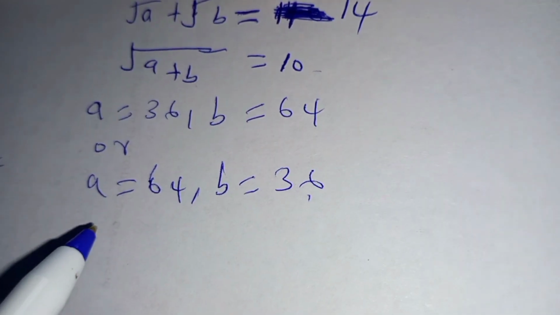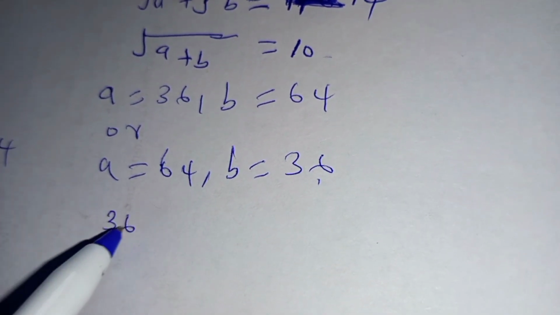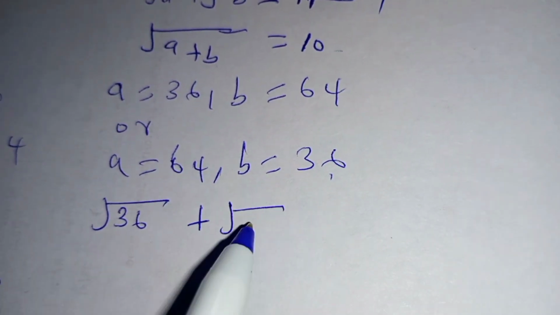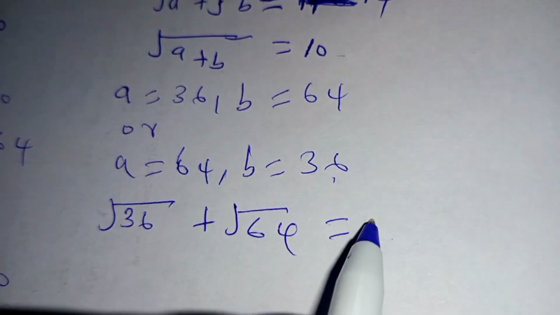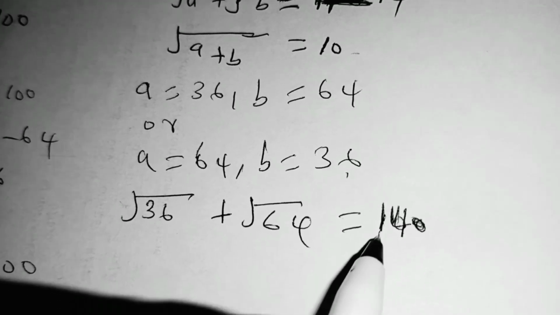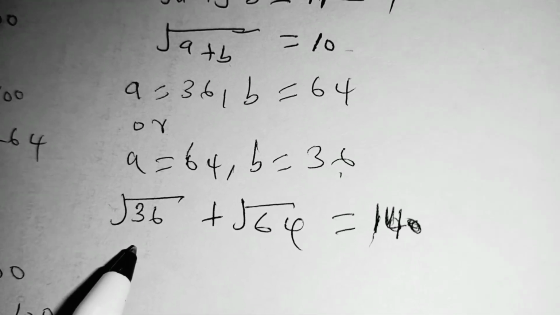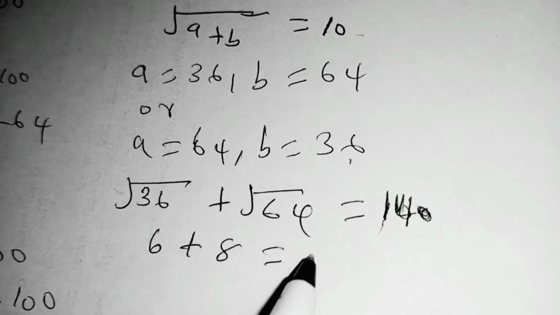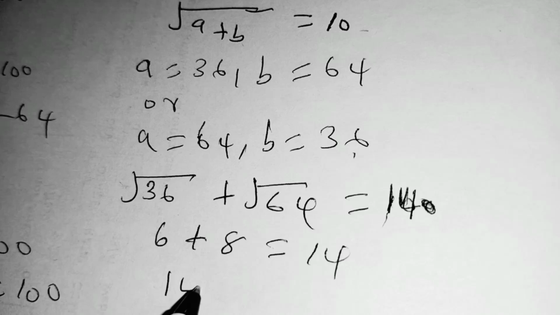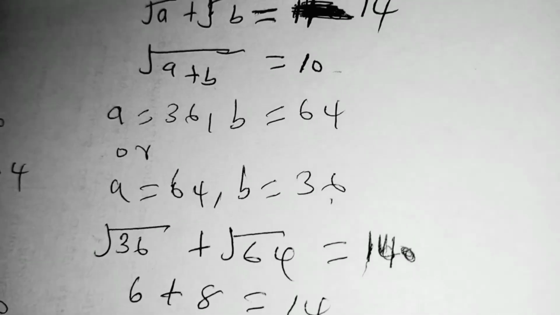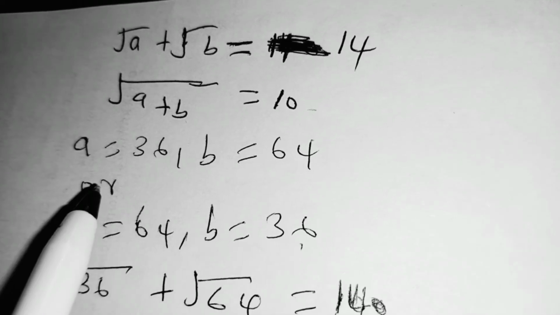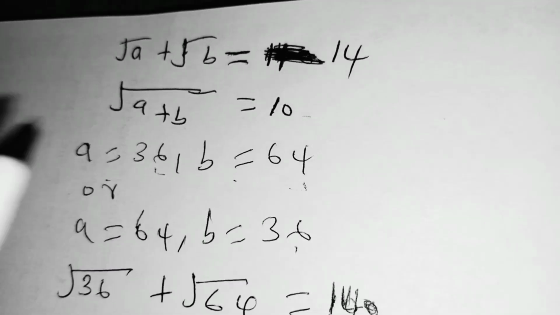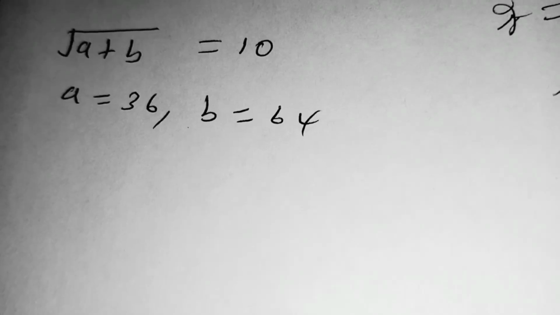We can check. For instance, when you have root of 36 plus root of 64, it will give us 14. So let's check. Square root of 36 is 6, plus 8, which is equal to 14. So 14 is equal to 14. It means that the first equation holds when a is equal to 36 and b is equal to 64. What about the second equation?